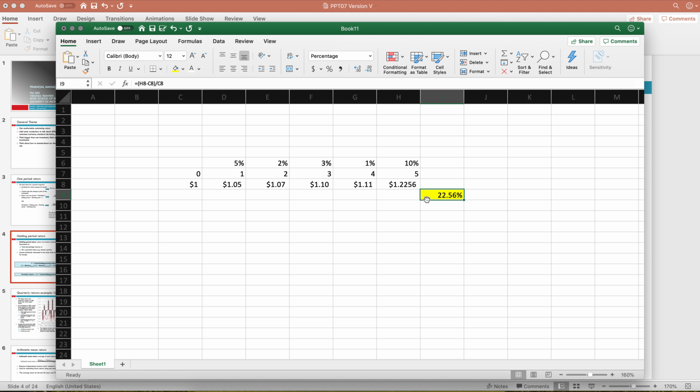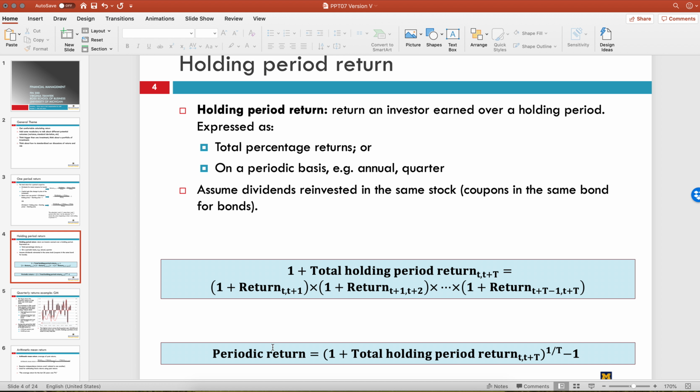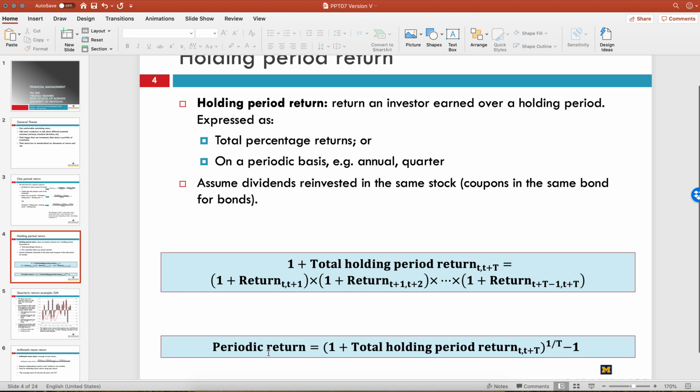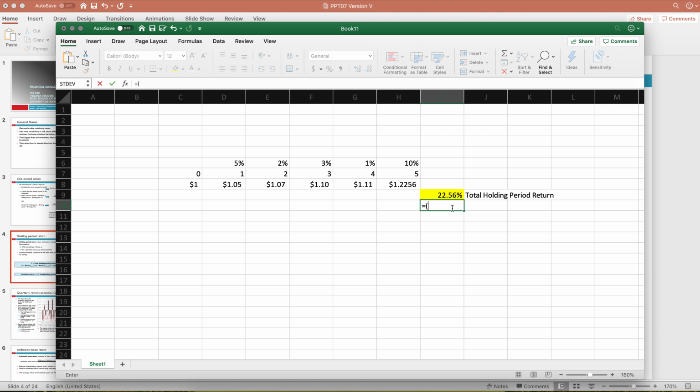I'm going to highlight this, it is 22.56%. It's exactly the same as that. That's because we started with the dollar. It's easy to see. So this would be the holding period return. And if we wanted to, we could get the periodic return, which is right here. It's 1 plus the total holding period return to the power of 1 over t, minus 1. So let's go back to Excel and do that.